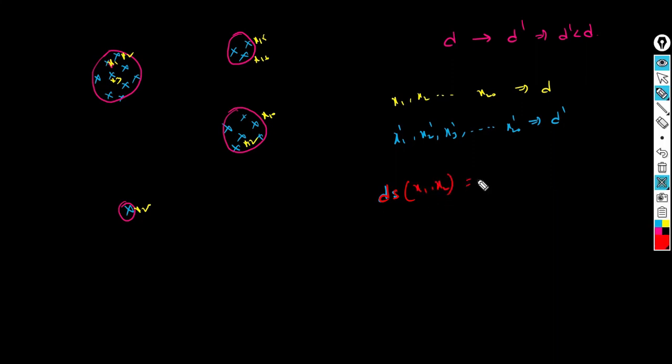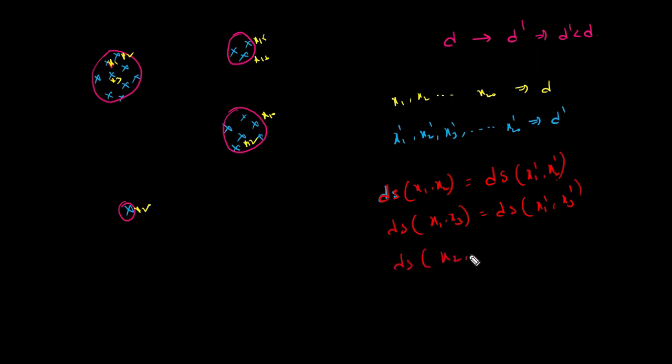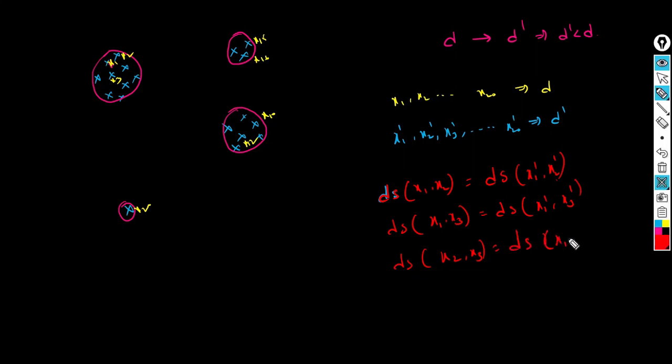The distance ds of x1, x2 is the same as ds of x1 dash, x2 dash, and similarly ds of x1, x3 is equal to ds of x1 dash, x3 dash. Similarly the distance of x2, x3 is the same as ds of x2 dash, x3 dash.